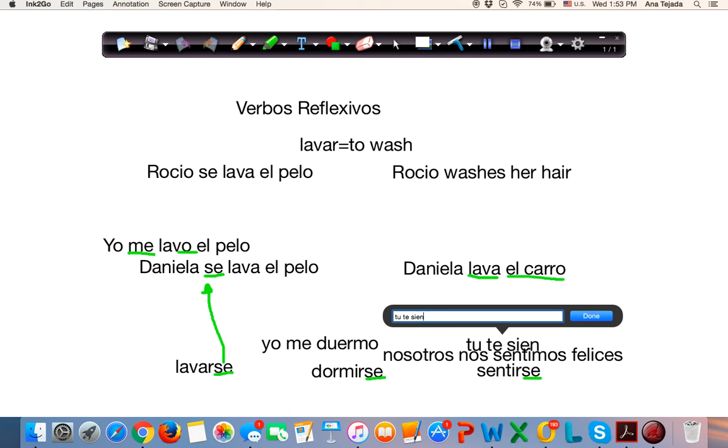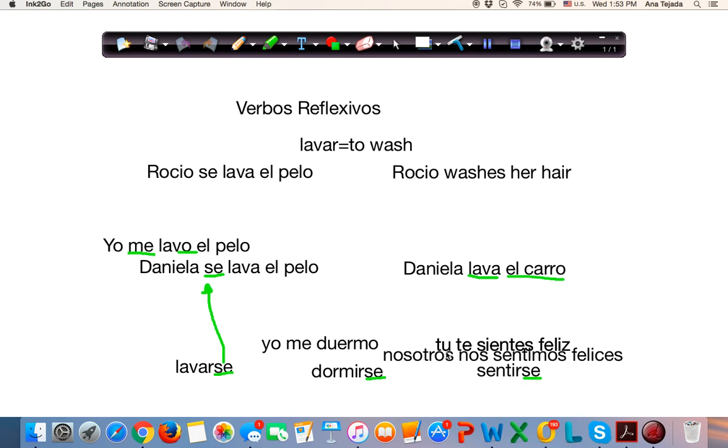Tú te sientes feliz. Notice that we still have the tú, the subject, the reflexive pronoun changes to te, and then sientes. That is the conjugation because of that stem change, e changes to ie. Feliz because it's singular, and nosotros, since it's plural, will be felices.